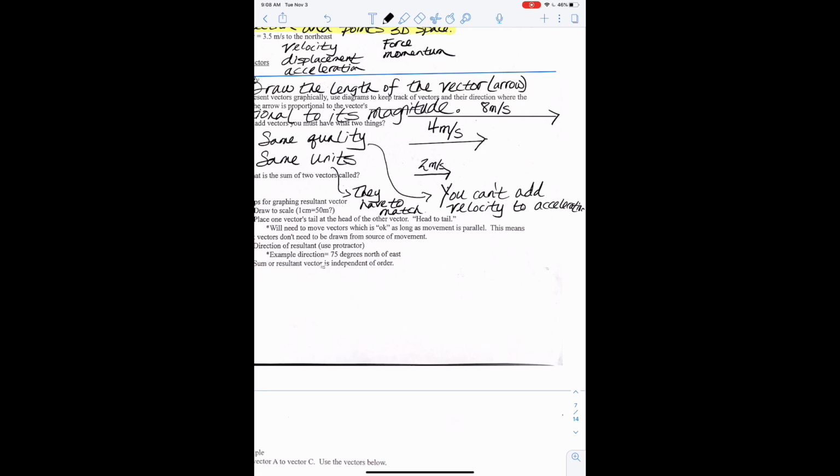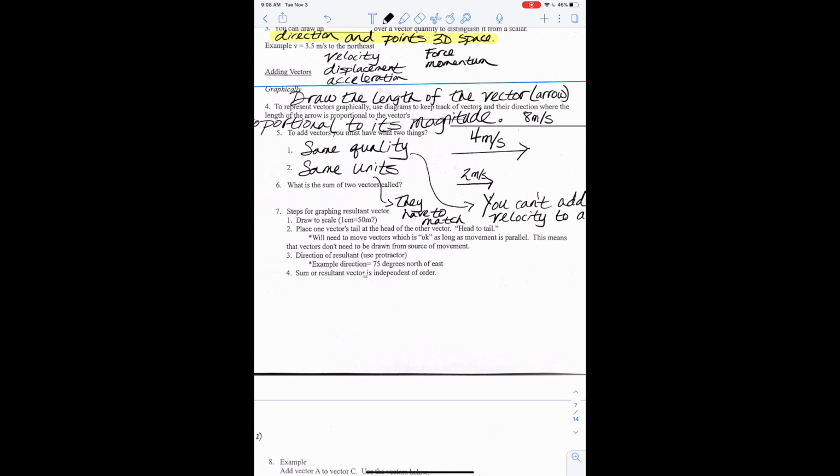What is the sum of two vectors called? It is called a resultant, and we represent that by a capital R. So go ahead and jot that down. We are not going to do number 7, so I can just find some room down here for number 6.